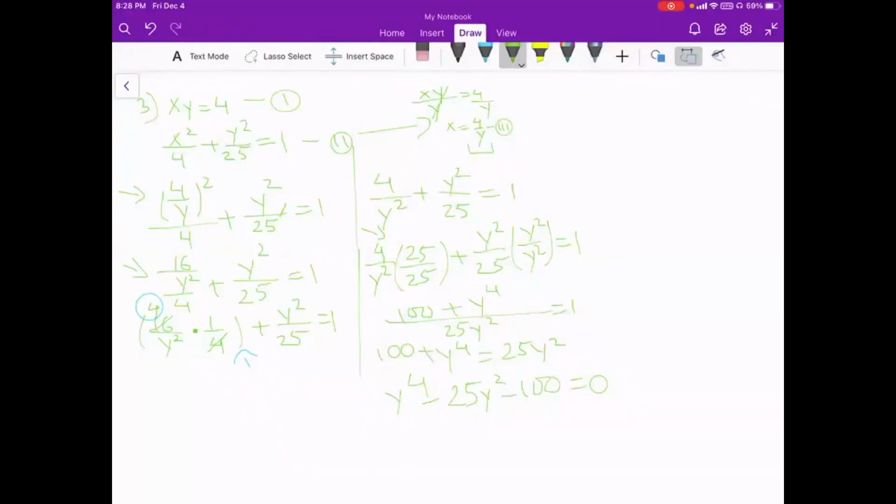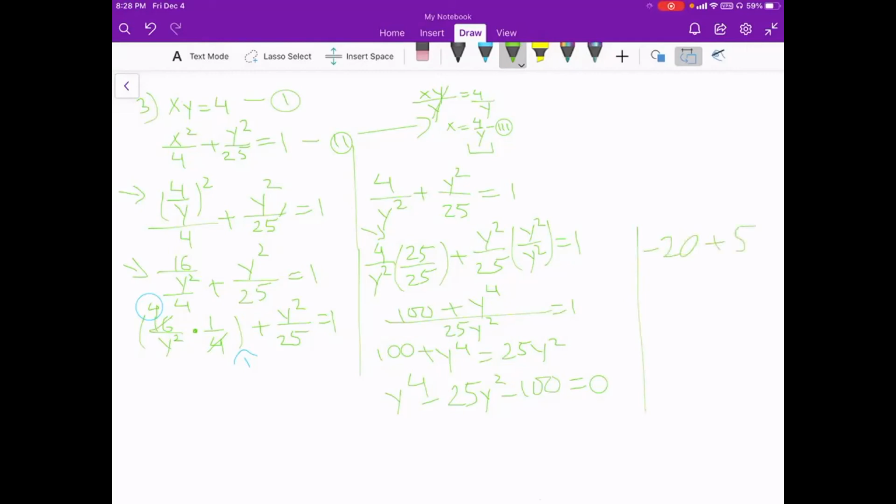So the two numbers that will multiply to negative 100 and add to negative 25 are, I'm going to write the numbers here, negative 20 and then positive 5.